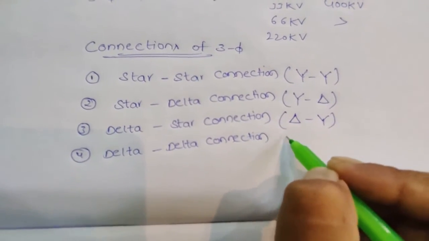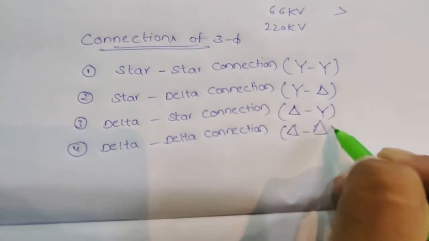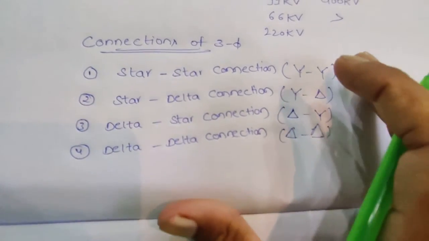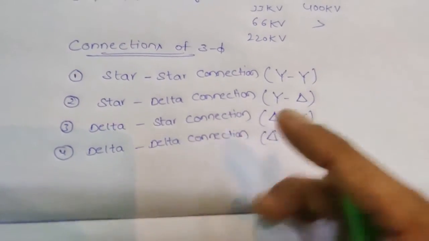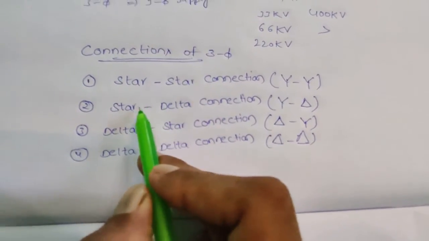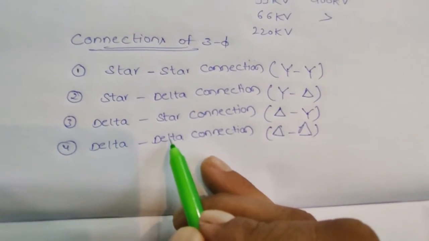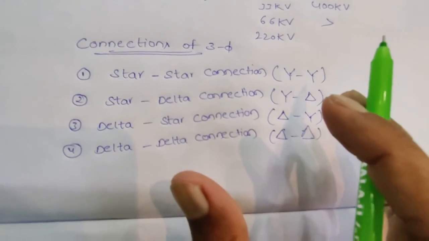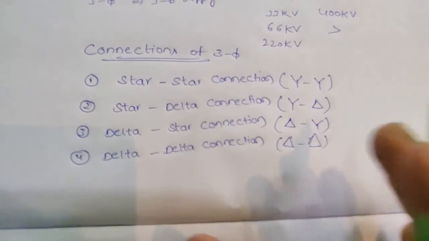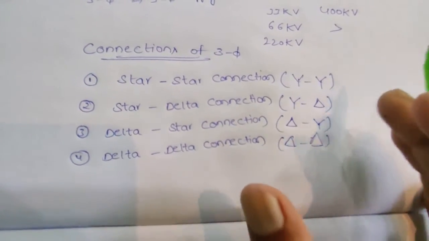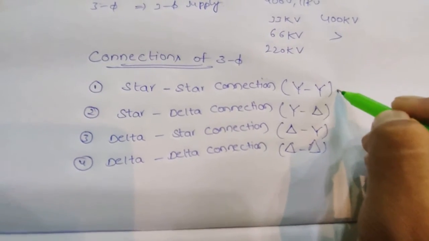And finally delta to delta connection. In this video, I just show how to give the connections to star to star, star to delta, delta to star and delta to delta in a simple way. If you watch this video without skipping, the concept will be understood very easily. So coming to first one, star to star connection.